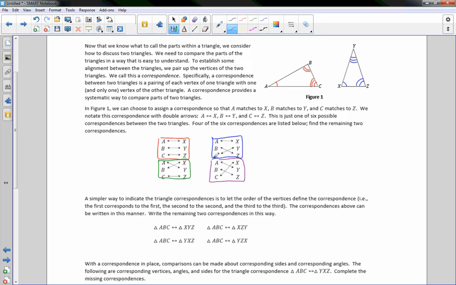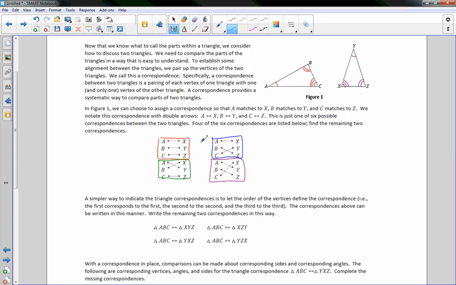And then the fourth one, I'm going to leave A, B, and C right where they are. But now we're going to correspond A to Y. A is 1 mark, so Y gets 1 mark. B goes to Z. I put 2 marks on B, so Z is going to get 2. And then C corresponds to X, which gets 3 marks.